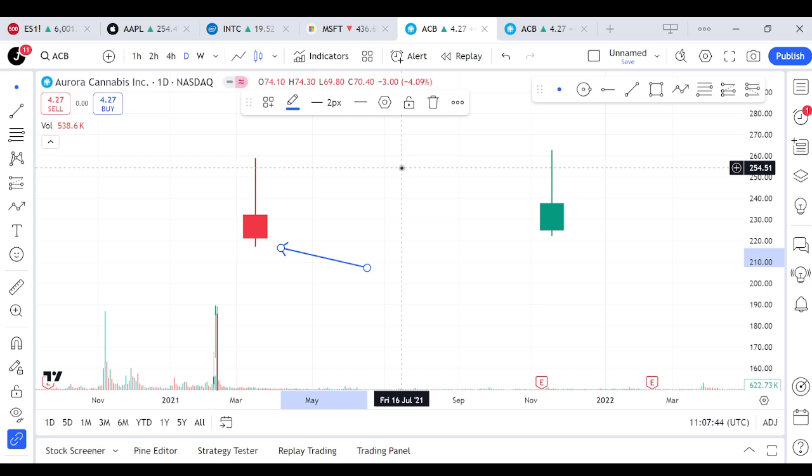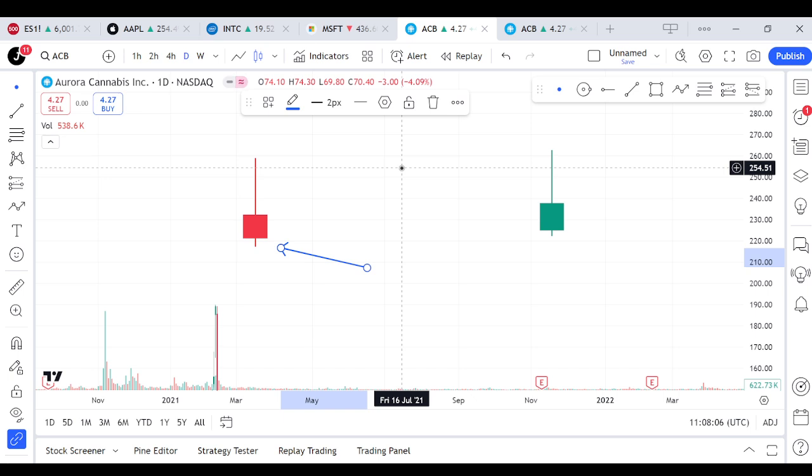So the psychology behind this pattern is crucial. The longer upper wick shows that buyers initially pushed prices higher, we've discussed that, but sellers regained control and pushed the price back down by the close. This struggle between buyers and sellers provides valuable insights into the market sentiment and potential future direction.